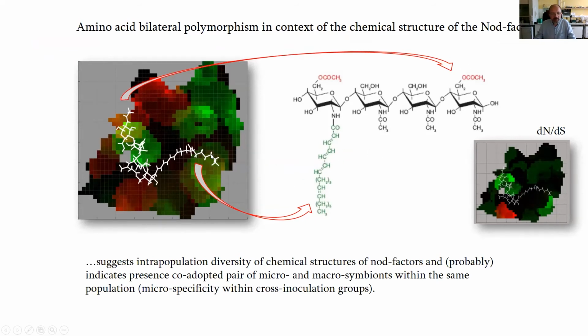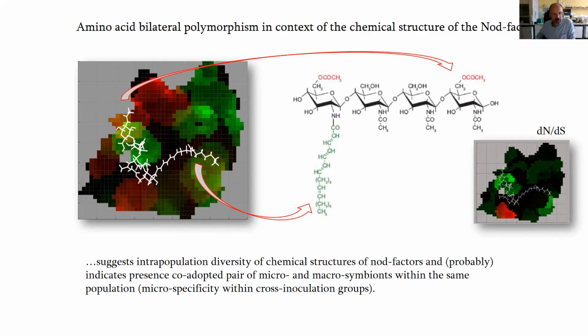And we see that the zone of bilateral polymorphism, marked with yellow, is near the very important part of Nod factors responsible for variation in host specificity.